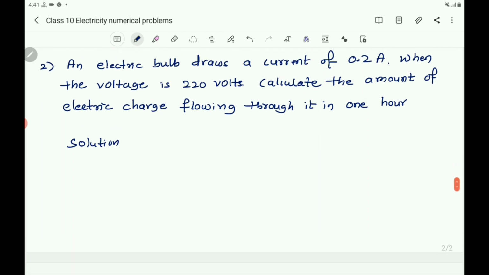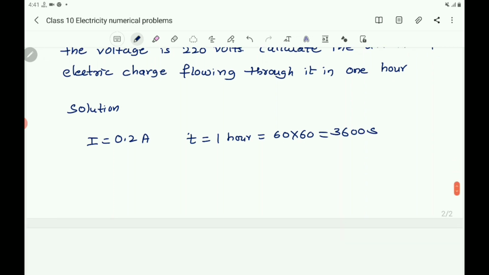Here the current I equals 0.2 A and time equals 1 hour. 1 hour means you convert it to seconds, that is 60 into 60 seconds, 3600 seconds.